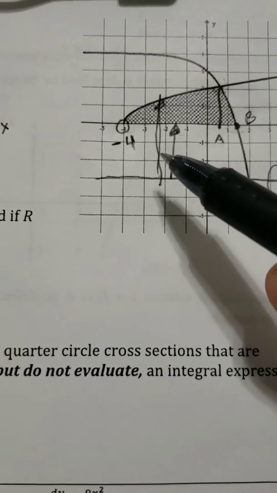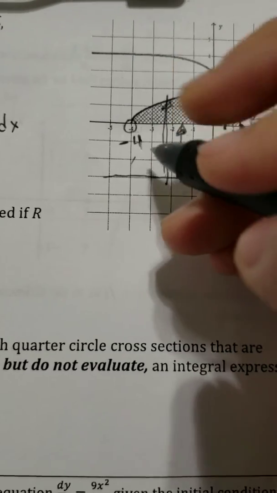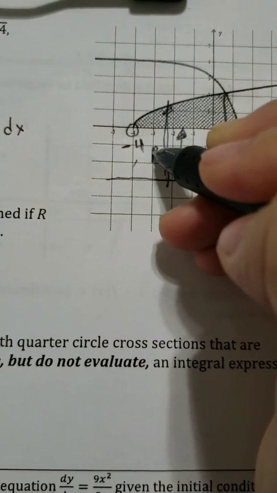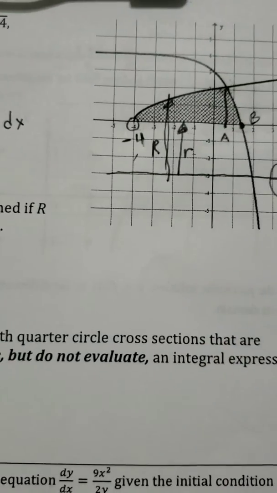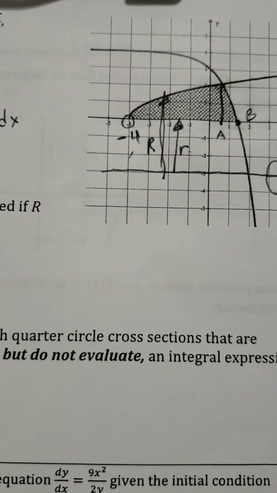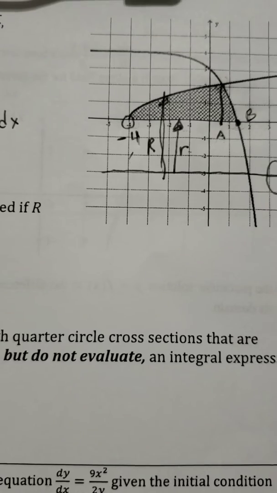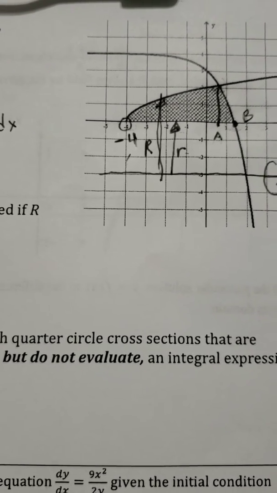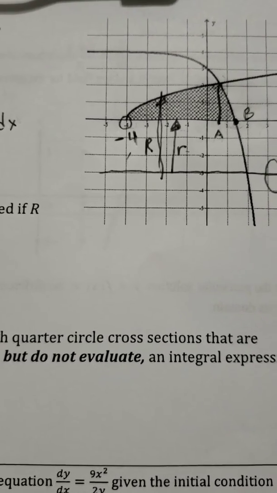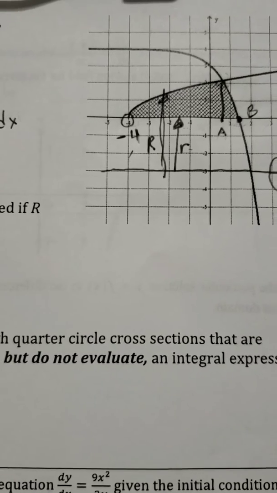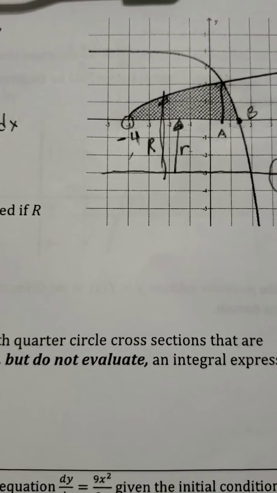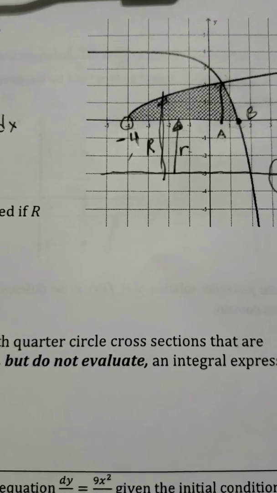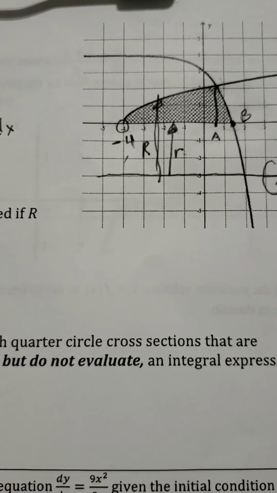Okay, so let's think about what the first capital radius should be. And then we got to figure out what's being gutted away. Okay, so the problem with our capital R's is that there's two parts of it still, like it was for the area. Okay, so from -4 to A is going to be the first function y1, and then from A to B it's going to be the second function y2.